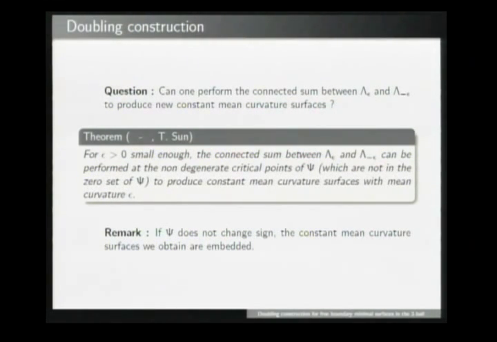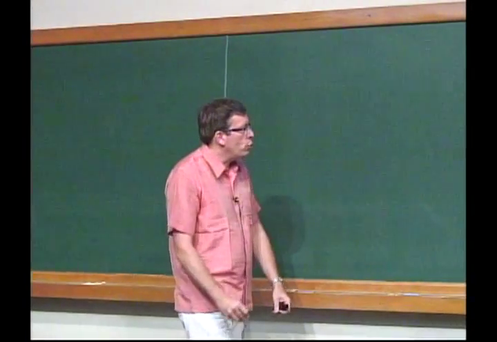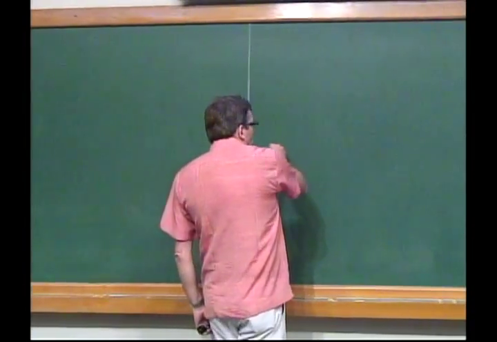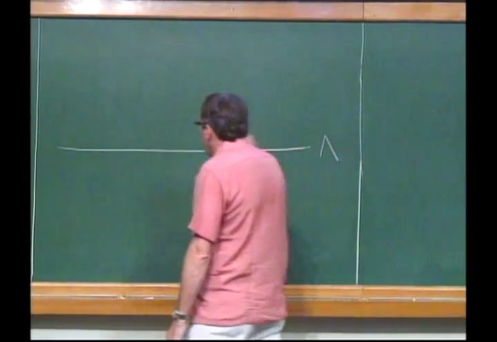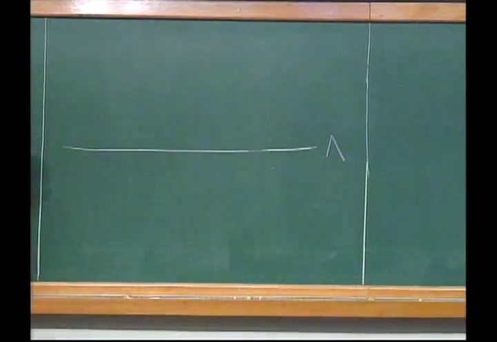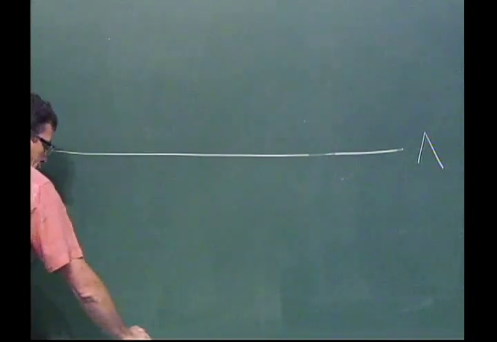It is a very schematic picture because my ability to draw a picture in dimension 3 is not so good. So let's assume that this straight line pictures Lambda. This is the minimal surface you start with. Close to Lambda, thanks to the implicit function theorem, you have two new constant mean curvature surfaces.